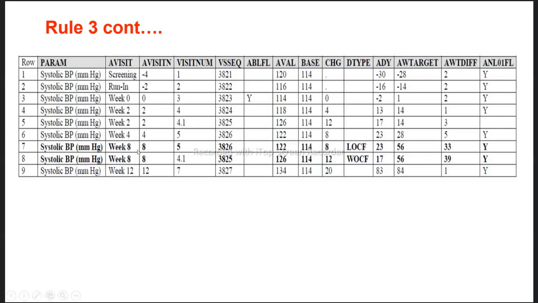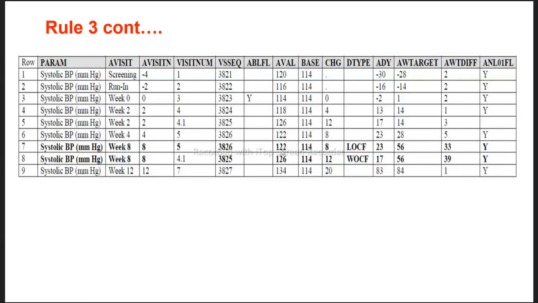Since he is absent in week 8, I am incorporating 2 new observations. The 7th and 8th are new observations I am keeping. In the first observation, I kept the previous value, which is 122 here also. So what is the method I followed now? LOCF. That means last observation carry forward.